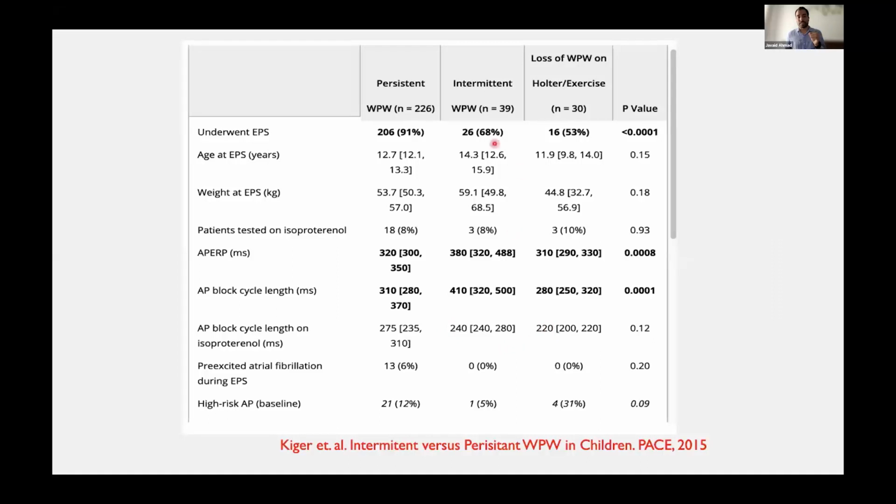As you can see, people who had intermittent WPW on ECG still have an AP block cycle length of 240 milliseconds, and people who had sudden loss of pre-excitation still had an AP block cycle length of 220. But these are observational studies, and the inherent problem in risk estimation of sudden cardiac death in these patients is that sudden cardiac death itself is of very small magnitude.